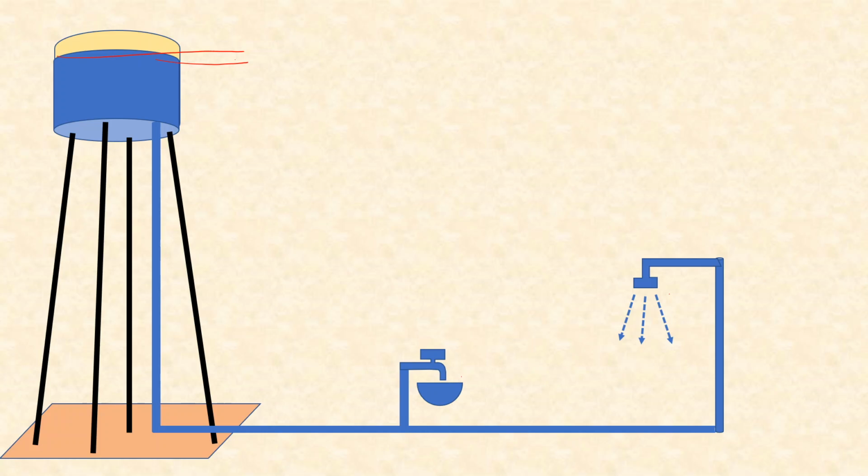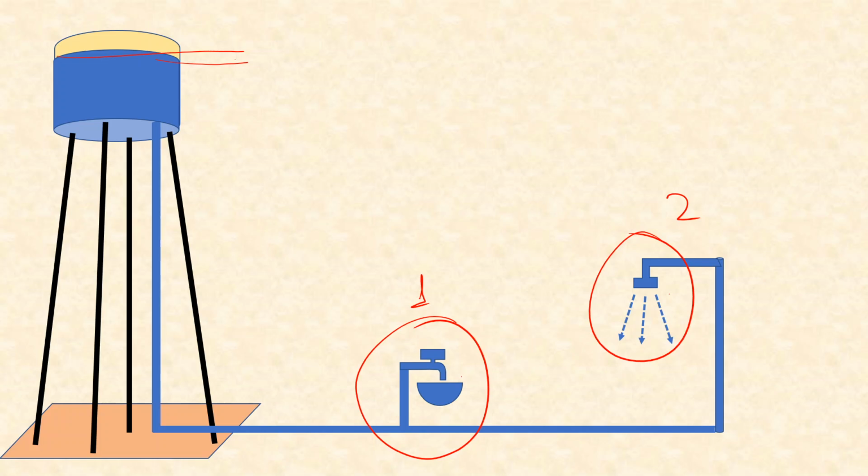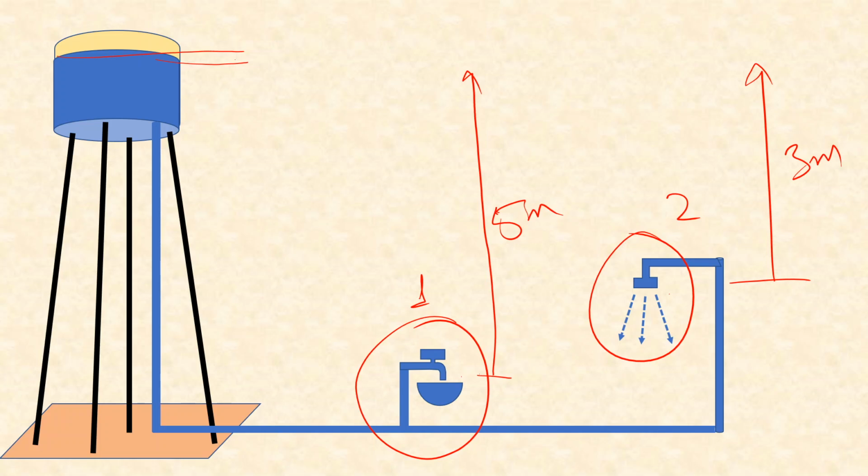We can now write two equations for these two outlets. Let's call this 1 and this 2. So for 1, the head loss is, suppose let's call it 5 meter, and for this it is, let's say, 3 meter.